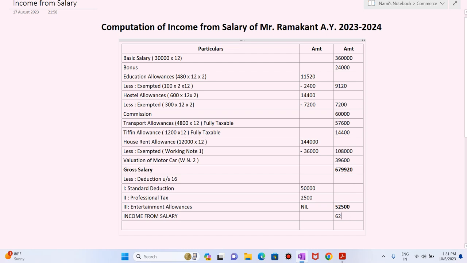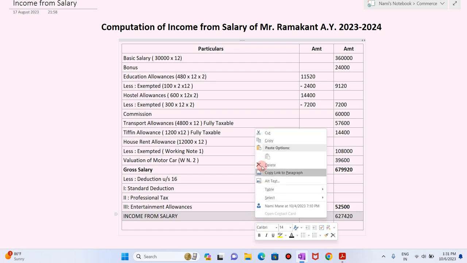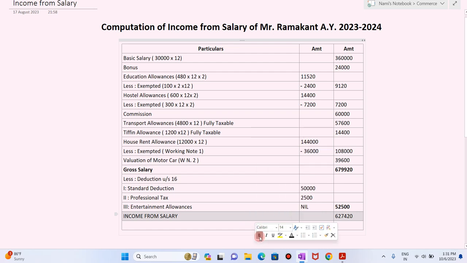We get 6,27,420. This is our income from salary. So 6,27,420 is the net taxable salary income.